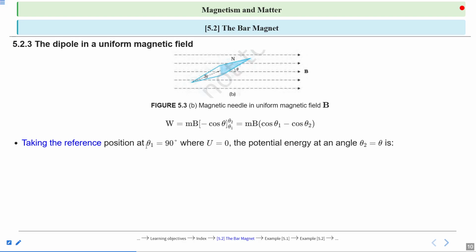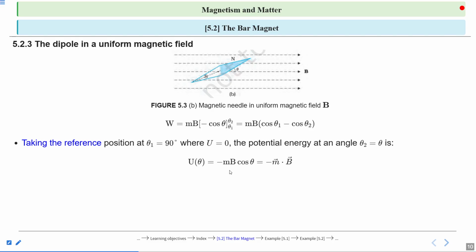So taking the reference point at theta 1 equal to 90 degrees, where U is equal to 0, the potential energy at an angle theta 2 equal to theta. Now, for theta 1 we have put 90 degrees, so we will put theta 2 as only theta. We have eliminated theta 1. So U(theta) will be equal to minus mB cos theta.